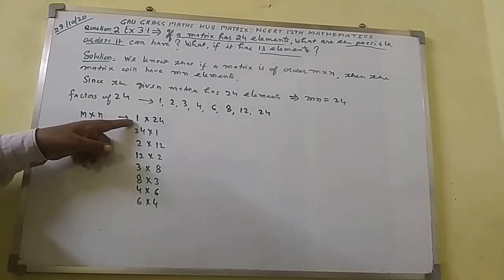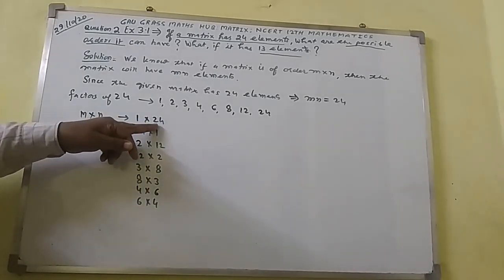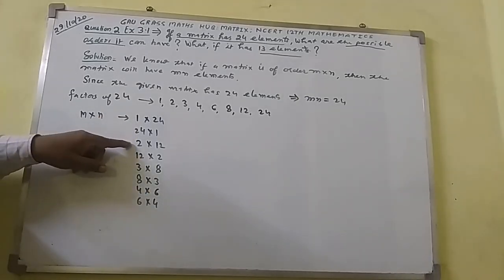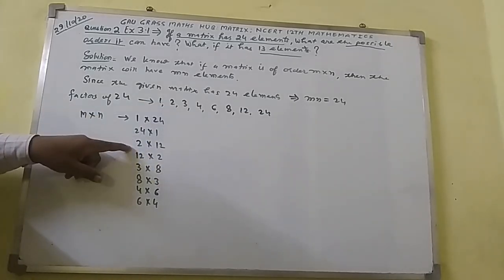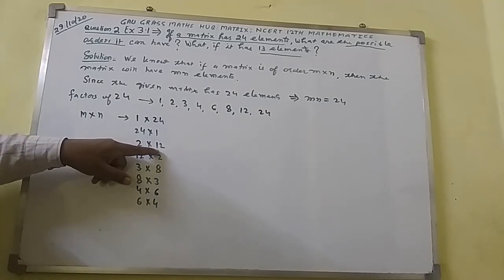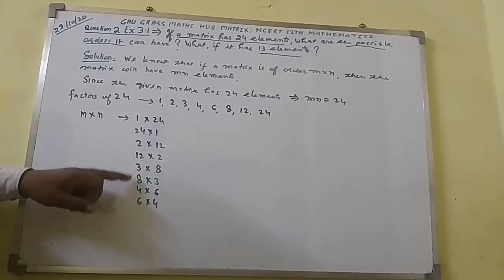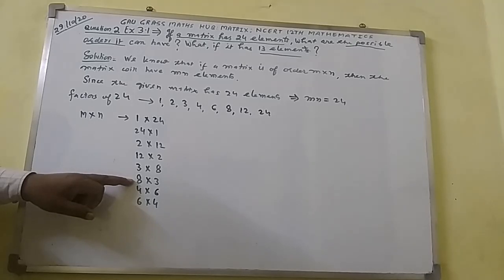Now merge these. First take the number of rows as 1, and the total number of columns will be 24. Reverse it. Now take the number of rows as 2, and the number of columns will be 12. Reverse it. Take the number of rows as 3, and the columns will be 8. Reverse it. Take the number of rows as 4, and the columns will be 6.